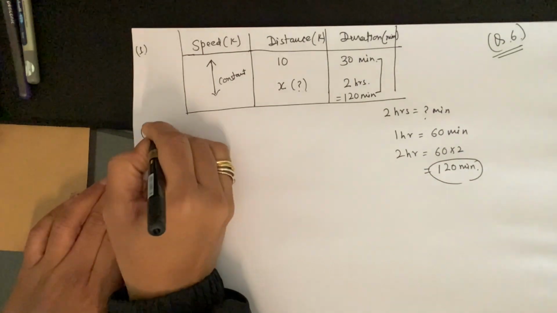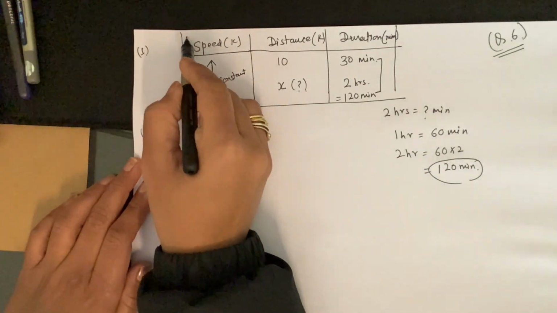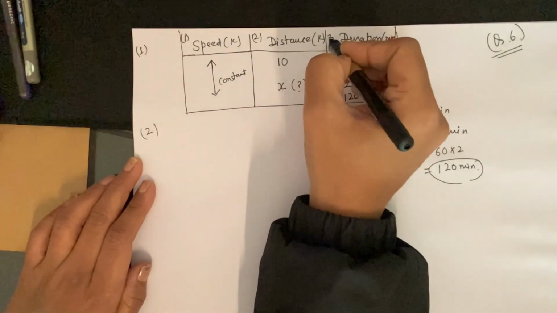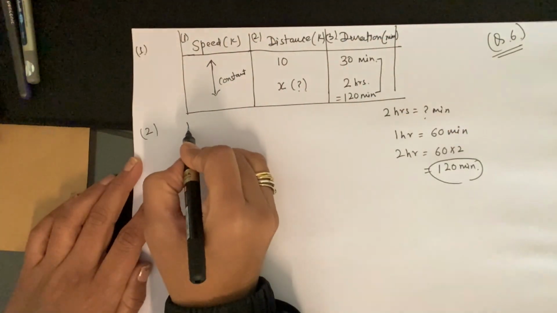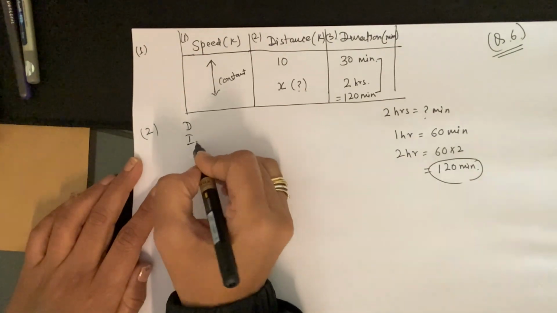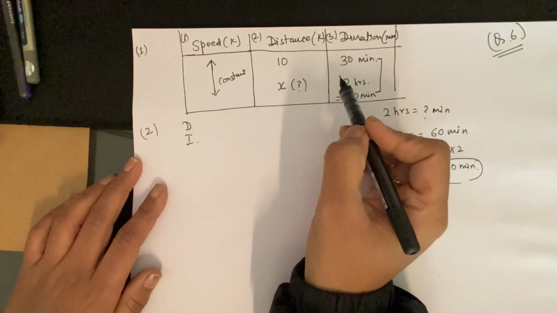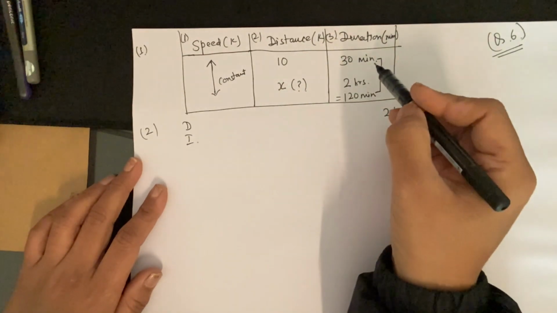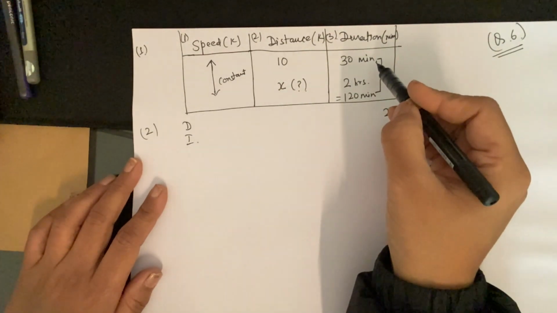Now the second step, after defining all the variables, so this is variable number 1, then 2, and then 3. After defining the variables, you will find if it's a direct proportion or inverse proportion. Now if you see, the distance is 10 kilometers and the cyclist is taking a time of 30 minutes.